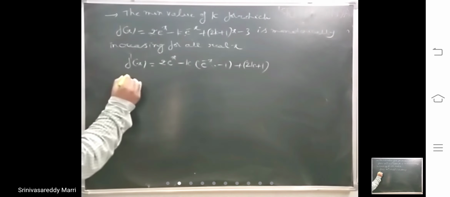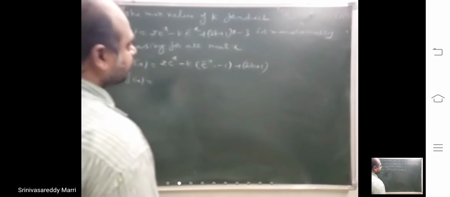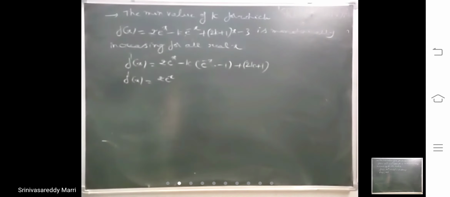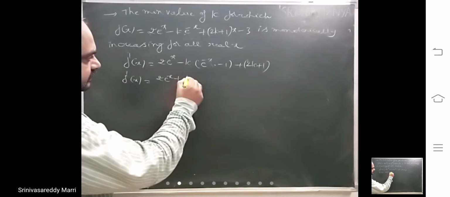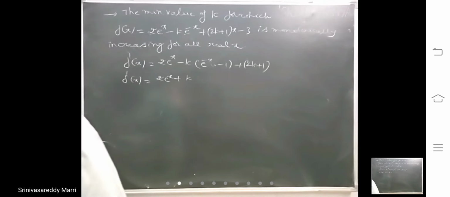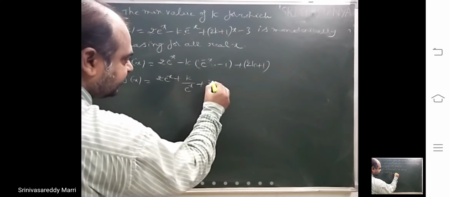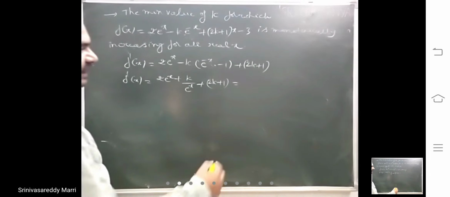So f dash x equals 2e power x plus k by e power x plus 2k plus 1. I am simplifying this.